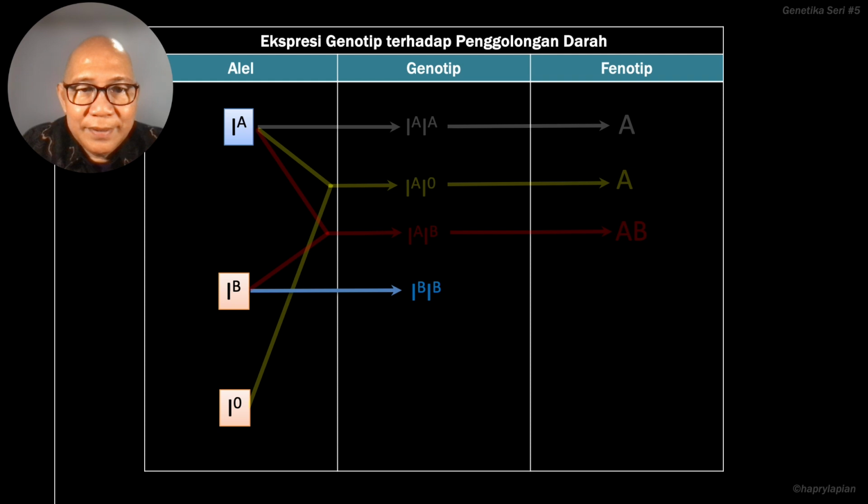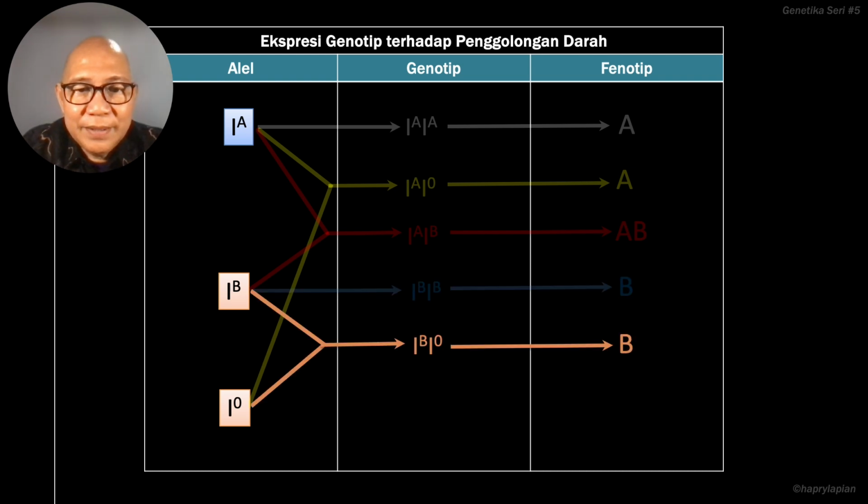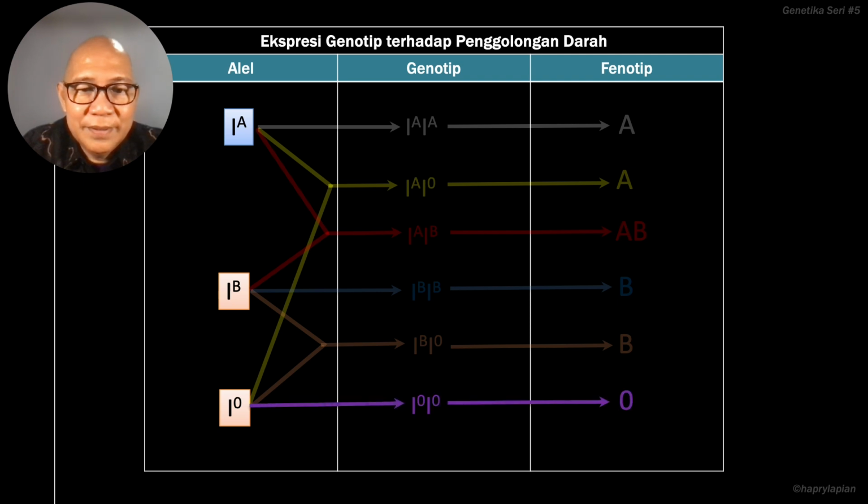When the IB allele combines with IB itself, of course the result is blood type B. Blood type B is found also when IB combines with IO because IB is dominant over IO. Finally, when two recessive alleles IO meet each other, the offspring will have O blood type.